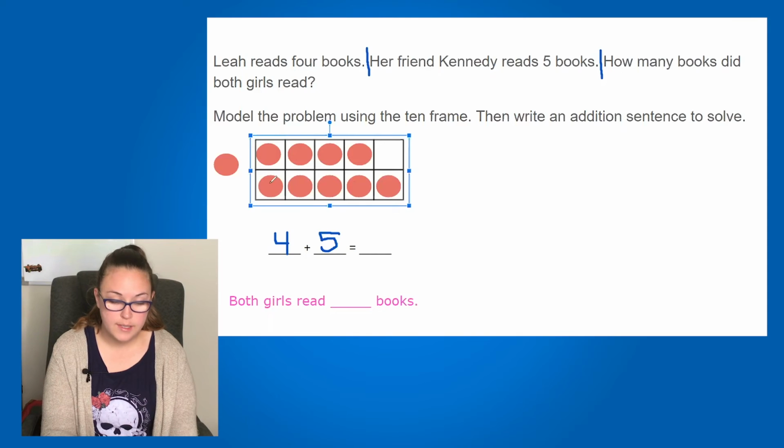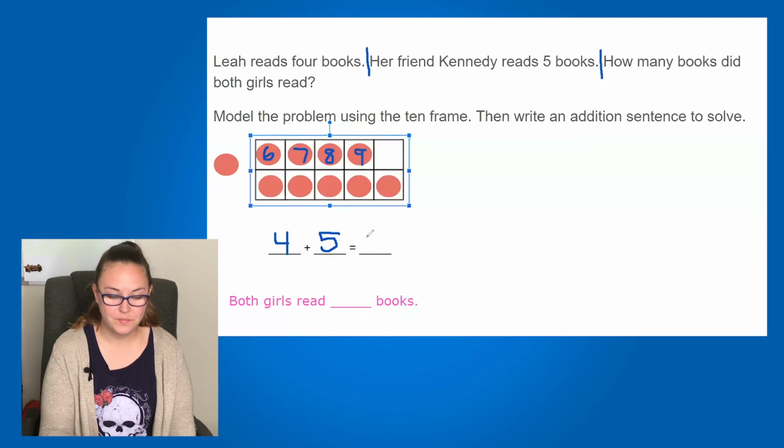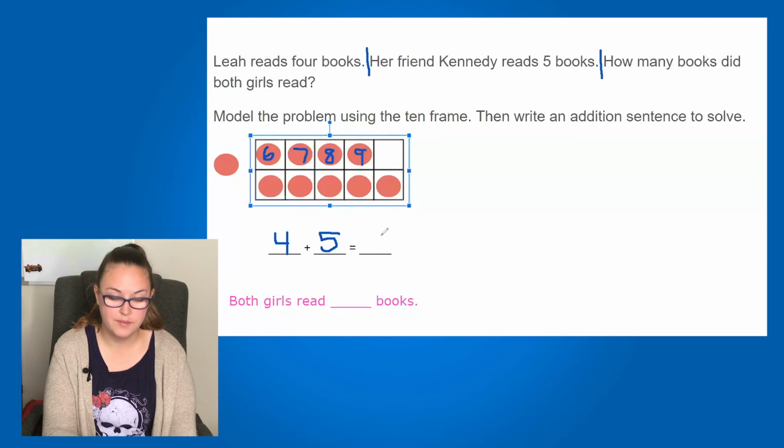So the bottom row has 5. So this one is 6. The next one is 7, then 8, and last we have 9. So what is 4 plus 5? That's right, 4 plus 5 is 9. That means together, both girls read 9 books.